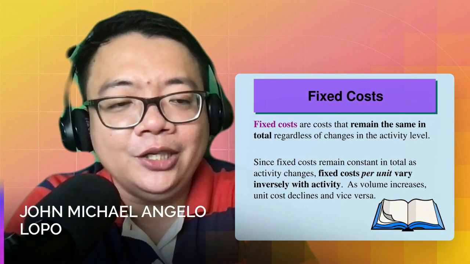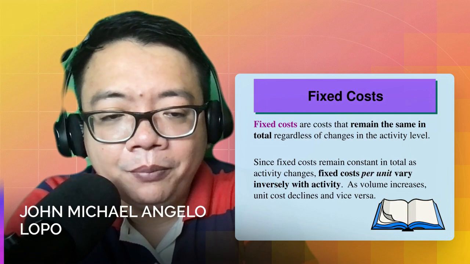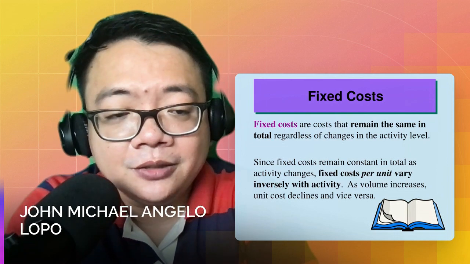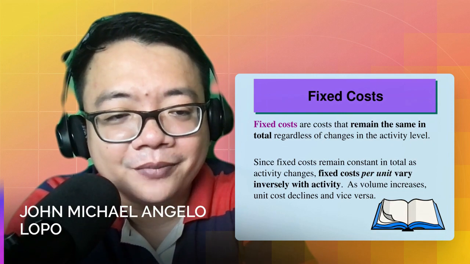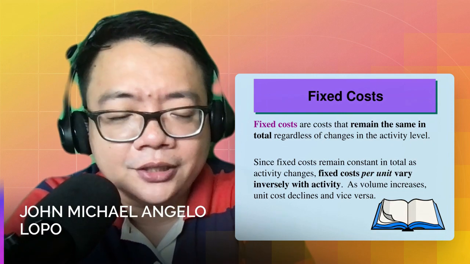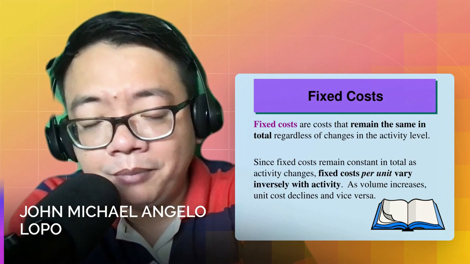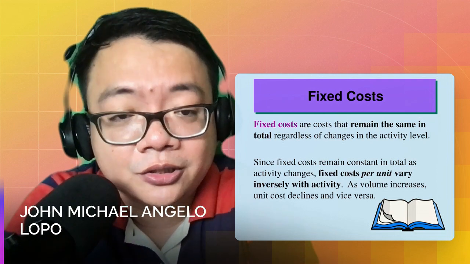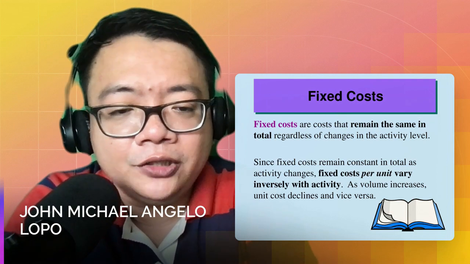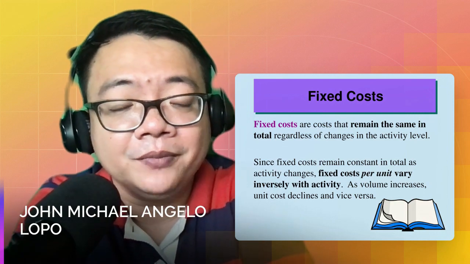Take the salary of your supervisor, the salary of your plant manager, because their salary is fixed regardless of the activity level. Kahit yung cost ng president of the company, which is also part of the period cost, salary of CFO or accountant, because they are monthly paid, di ba?